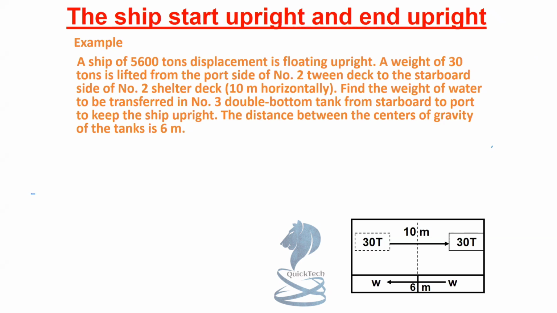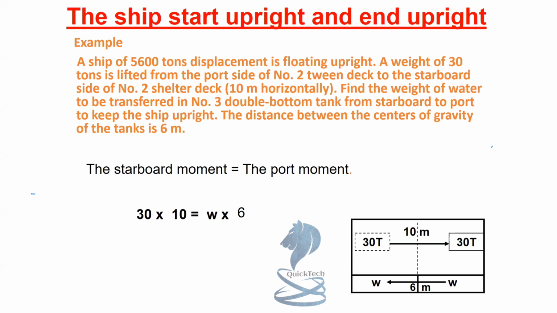Hence we can say that for this the starboard moment should be equal to the port moment, that is 30 into 10 is equal to W into 6. Thereby we get the value of W is equal to 30 into 10 divided by 6, that is equal to 50 tons. So 50 tons of ballast needs to be shifted from starboard side number 3 double bottom to port side number 3 double bottom tank to keep the vessel upright.